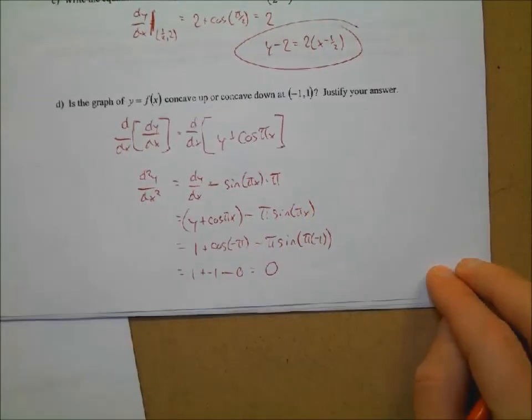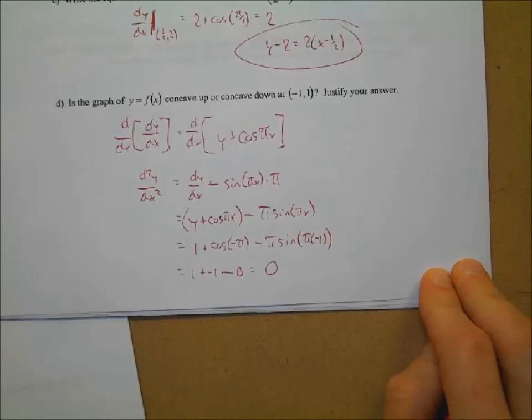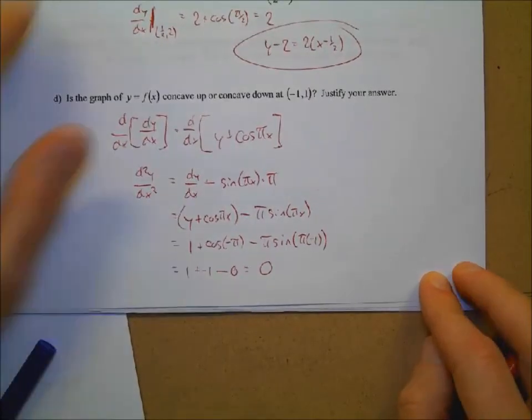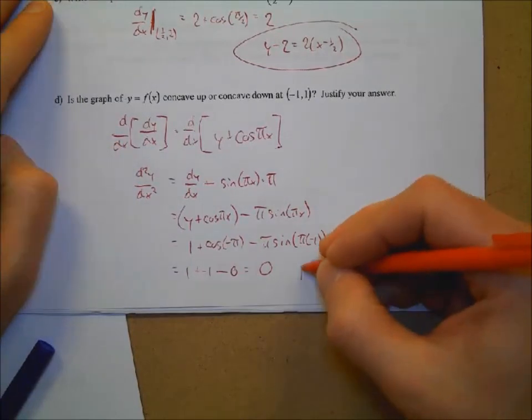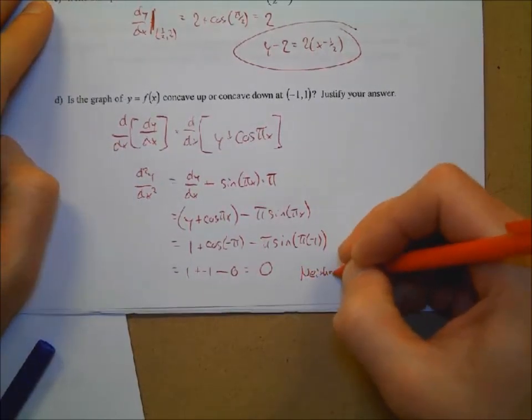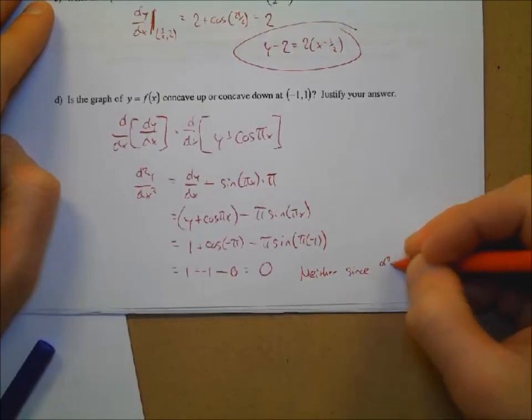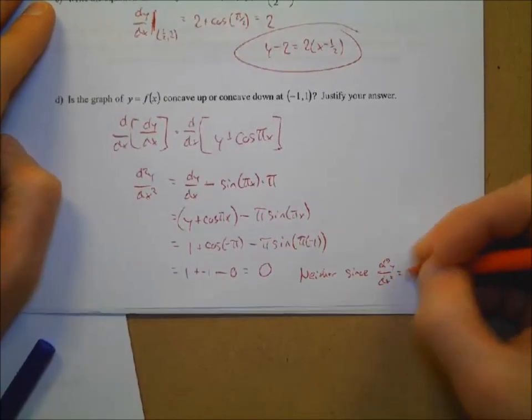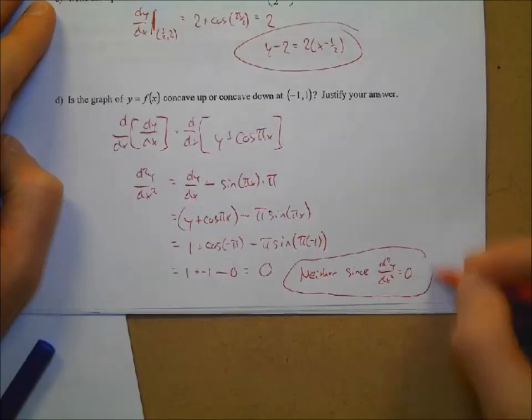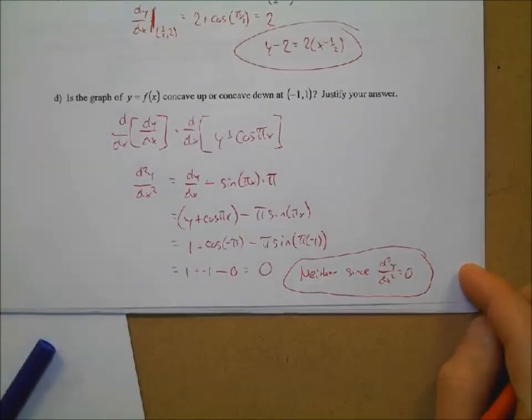So, is the graph concave up or concave down? Neither! There's no third option. It has to be one. It's kind of frustrating, right?